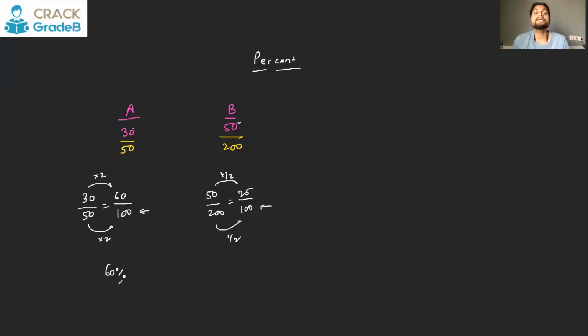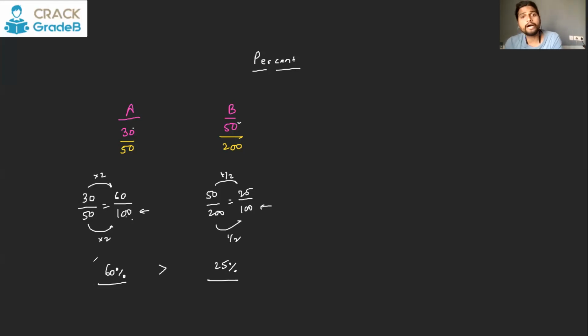So this sign does not mean anything but divide by 100. So whenever you see this sign, you don't get confused. You just have to understand it is going to be divided by 100. So 60 upon 100 means 60%. Similarly, another person has got 25 upon 100, that means 25%. And now you can say easily that because 60% is more than 25%, A has performed better than B.